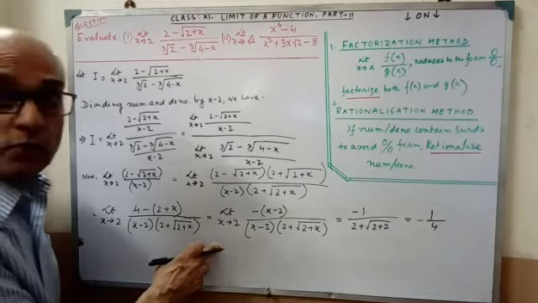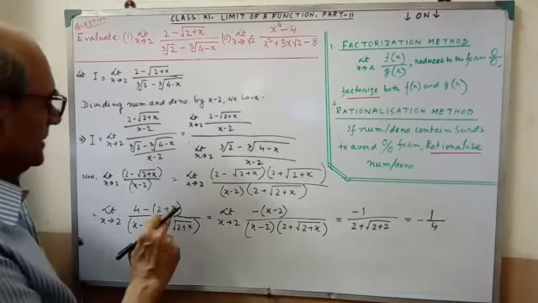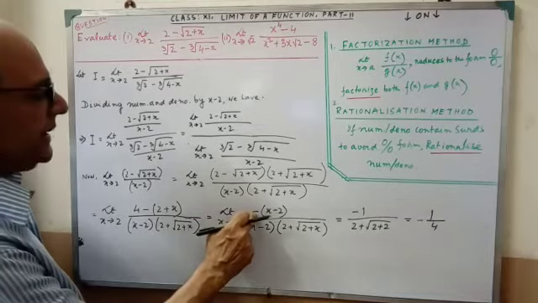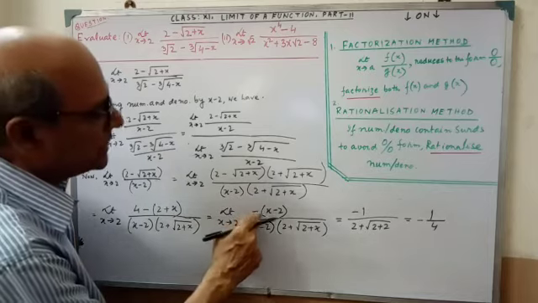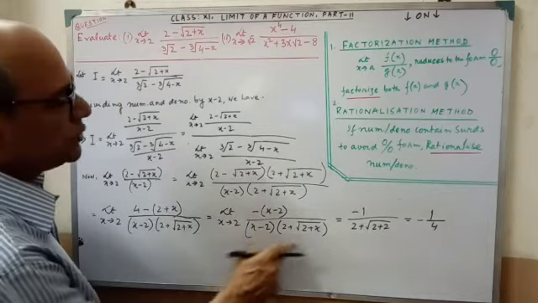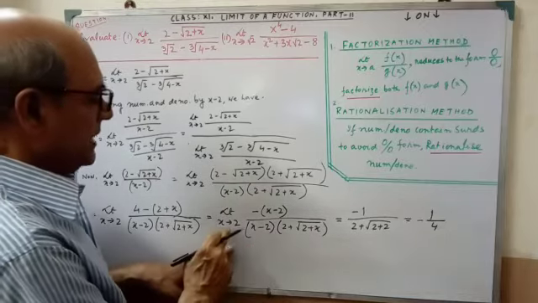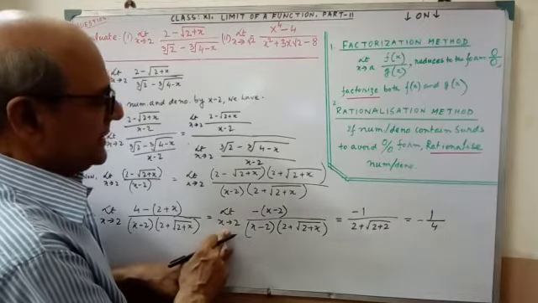In which way we are simplifying, you have to notice attentively. Then minus x we are taking common. After taking common, x minus 2 it is coming, then it will remain as it is. Now we have to put the value of x.